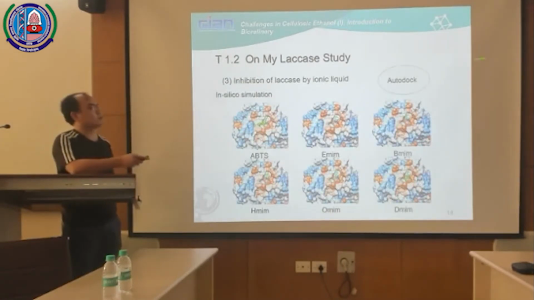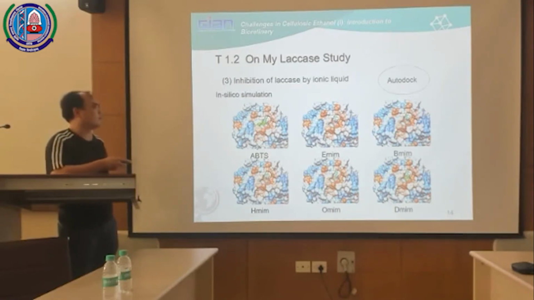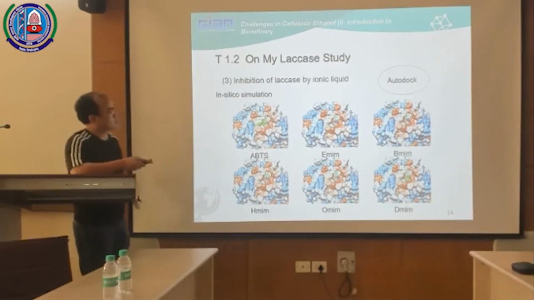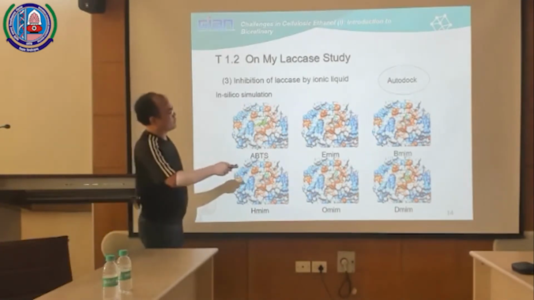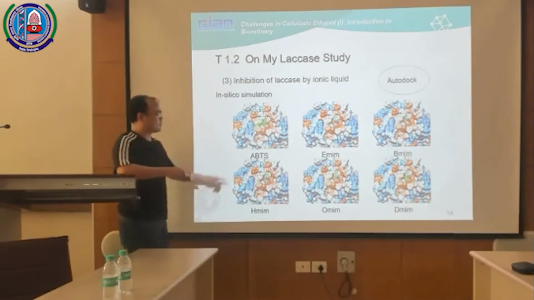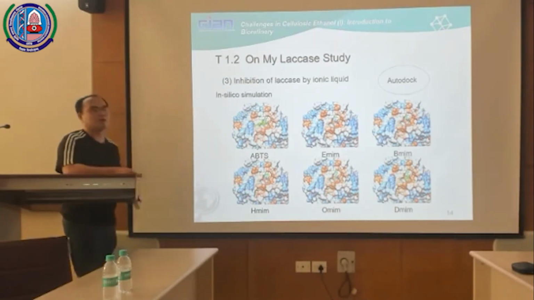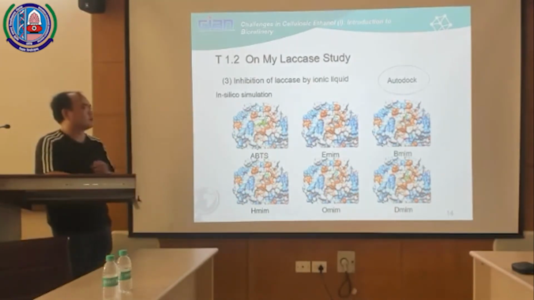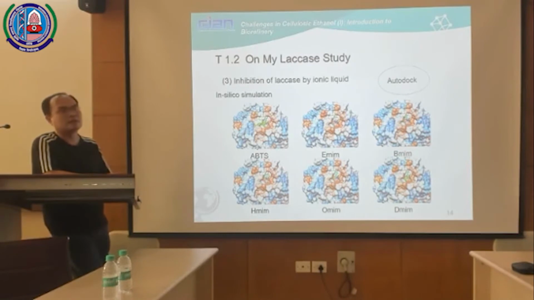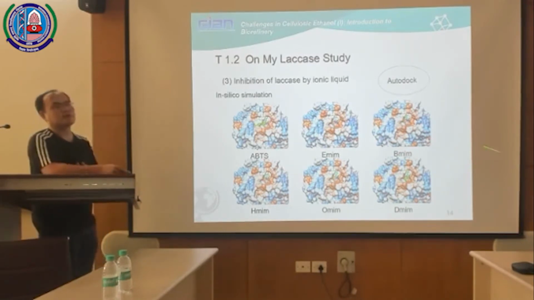Then we also used AutoDock to simulate the docking of ionic liquid into the active site of lactase. We got five pictures for different ionic liquids. They have different alkyl chain lengths, and all of them can enter the active site and bind with lactase.